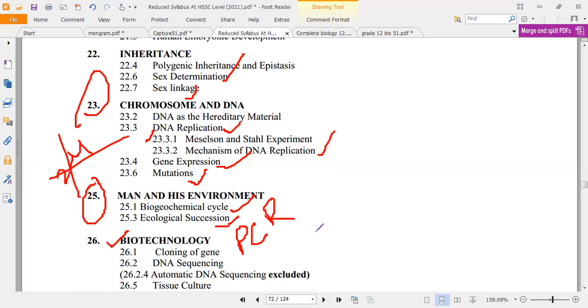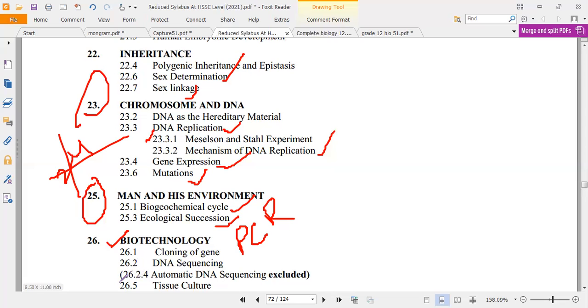Okay, then we will go to DNA sequencing. After DNA sequencing is gel electrophoresis. That is also included, its steps all are included, because these are the subtopics of this main topic.